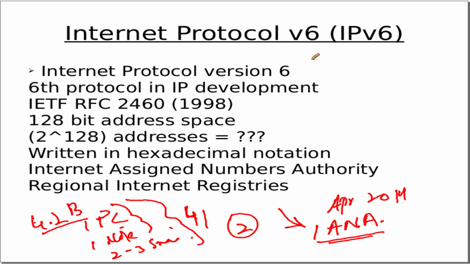So IPv6 is pretty much here, and besides giving us a better, rather larger space of 128 bits, it has some other benefits as well that we'll see in a while.